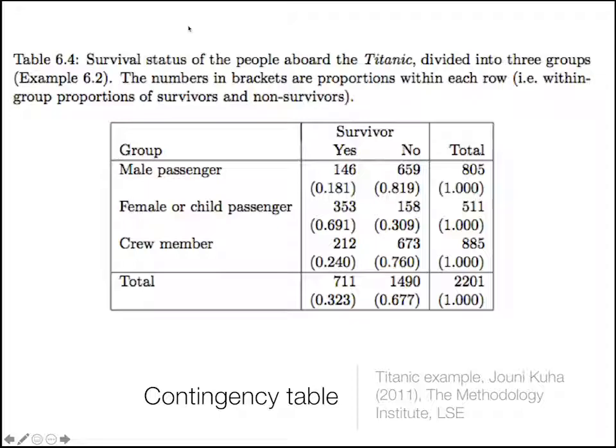And then crew members, similar to male passengers, many did not survive: 212 survivors versus 673 non-survivors. So that's interesting. We look at that and go, well, it's terrible that it happened, but at least a lot of male passengers and crew, it looks like, sacrificed themselves to save the women and children.